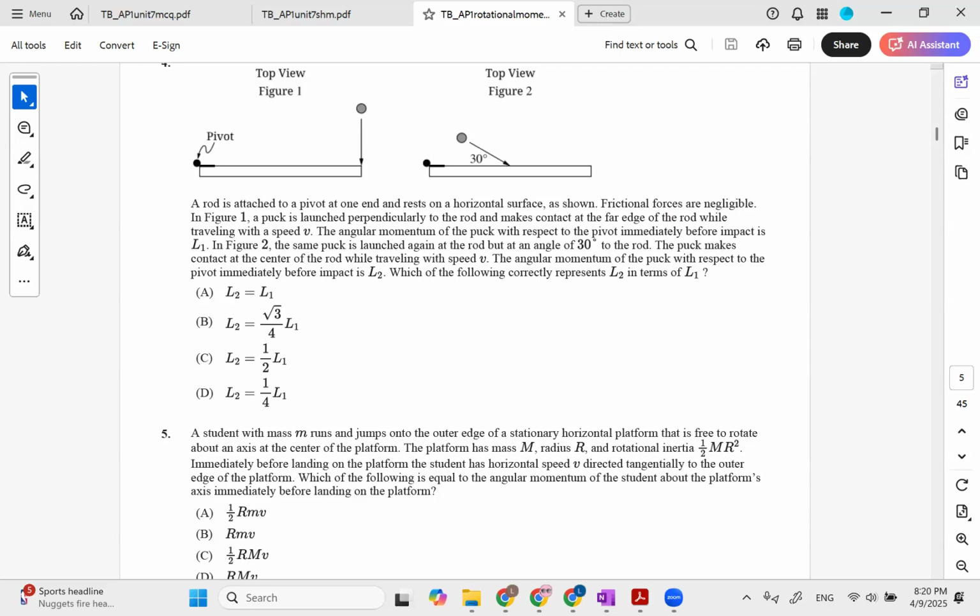In figure 2, the same puck is launched again at the rod but at an angle of 30 degrees to the rod. The puck makes contact at the center of the rod while traveling with speed v. The angular momentum of the puck with respect to the pivot immediately before impact is L2. Which of the following correctly represents L2 in terms of L1?